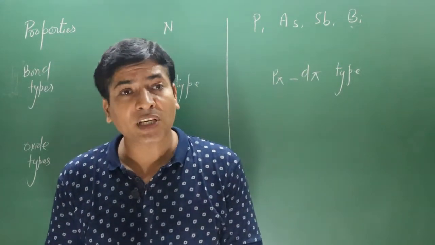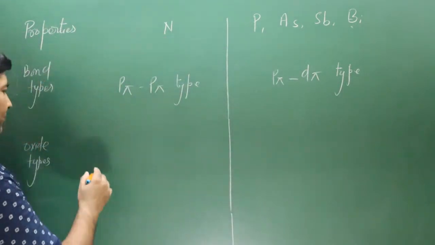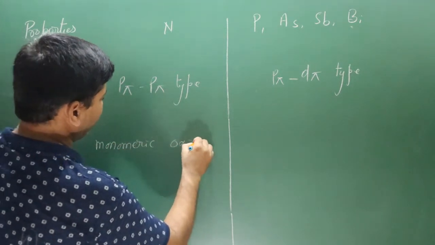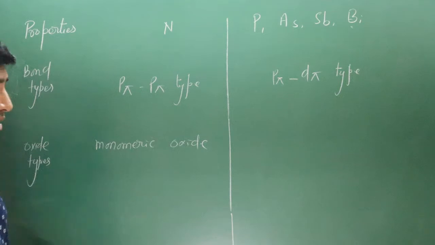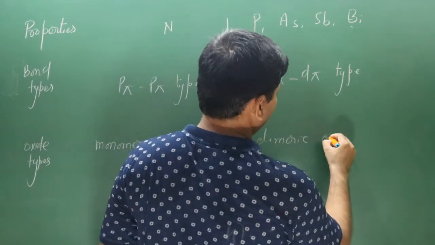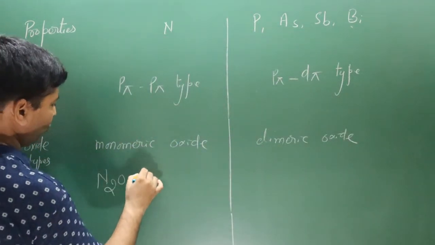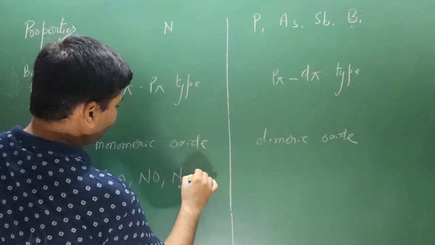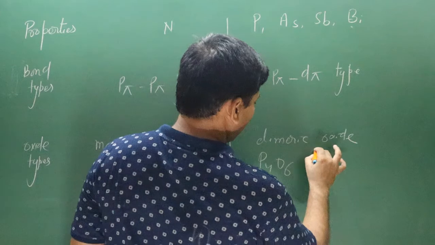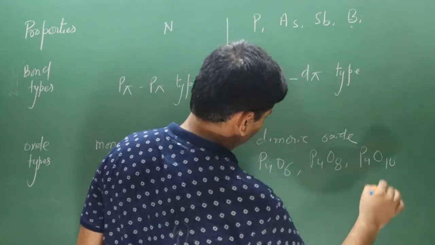Nitrogen forms monomeric oxides. Phosphorus specifically forms dimeric oxides. For example, for nitrogen we have N2O, NO, and N2O4. But for phosphorus we have P4O6, P4O8, and P4O10.